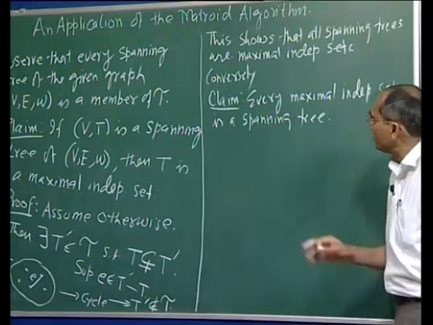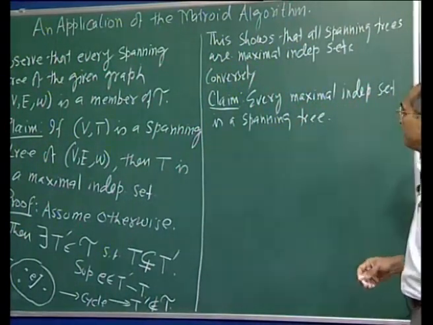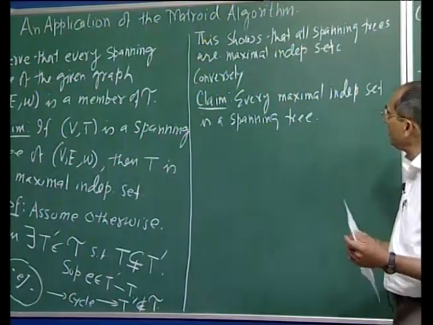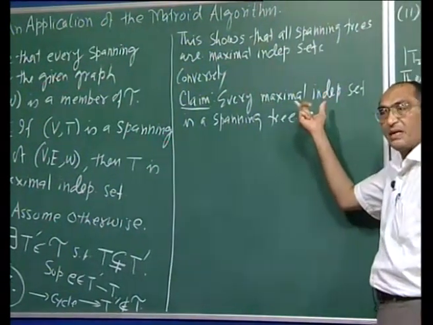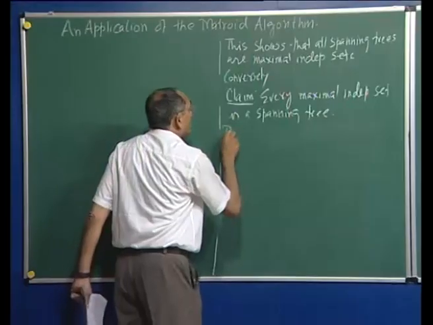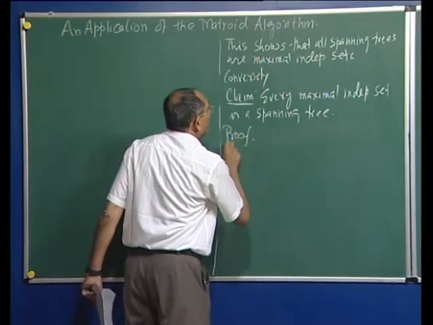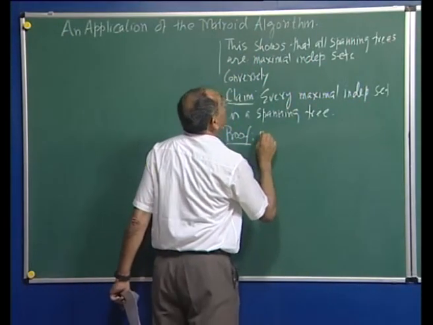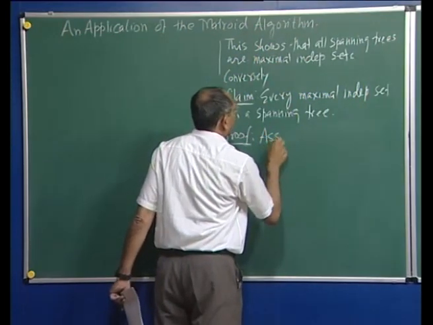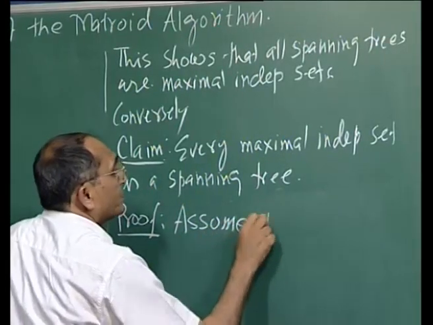Now, to prove this, we will use the fact that all the maximal independent sets have the same cardinality. So, now suppose we assume the contrary.